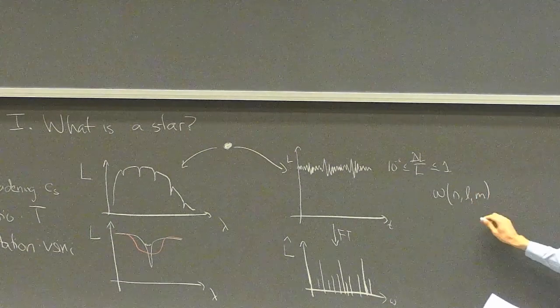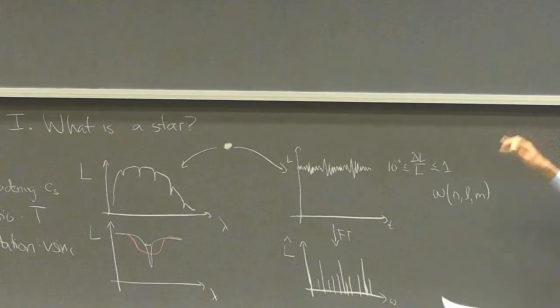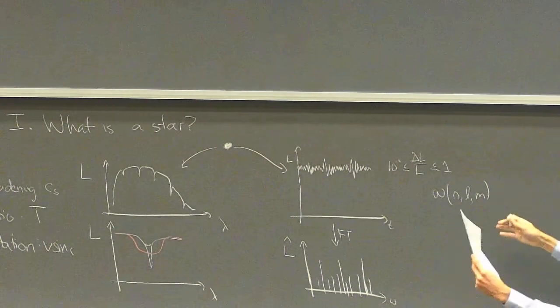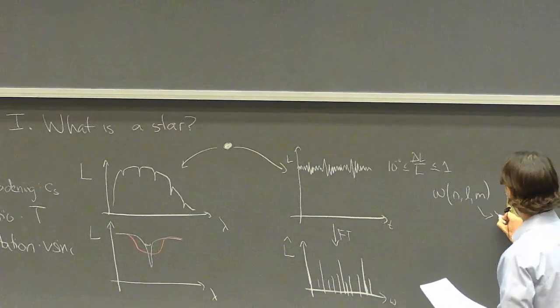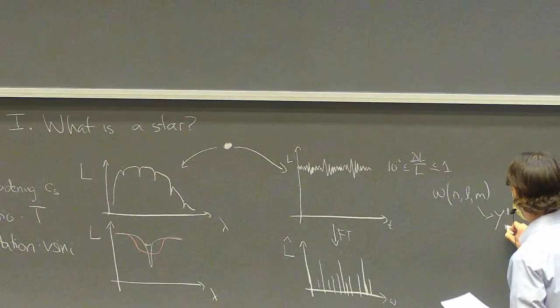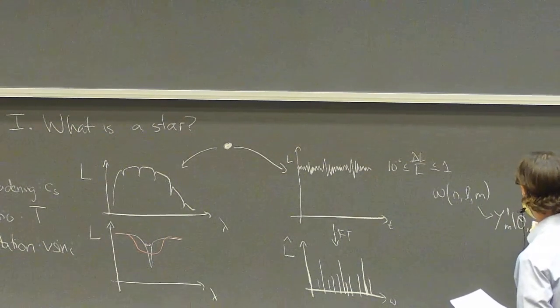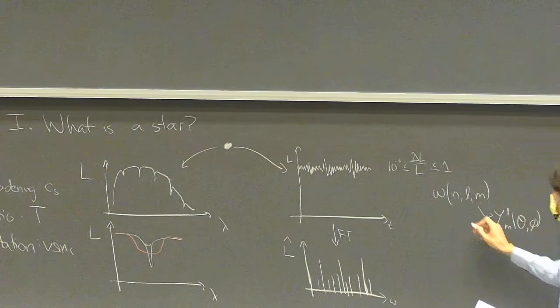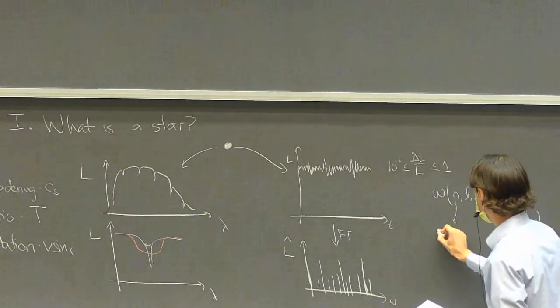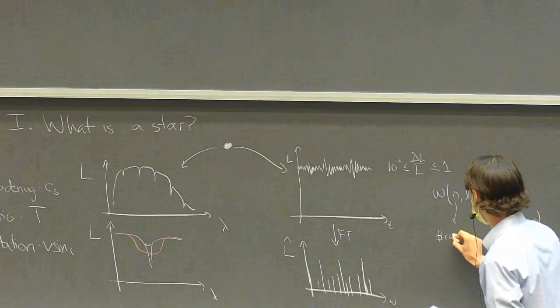One is you think of these oscillation modes as having an angular structure given by a spherical harmonic, Y_LM. So L here is the spherical harmonic degree, and M is the azimuthal wave number. And then N here is the number of radial nodes.